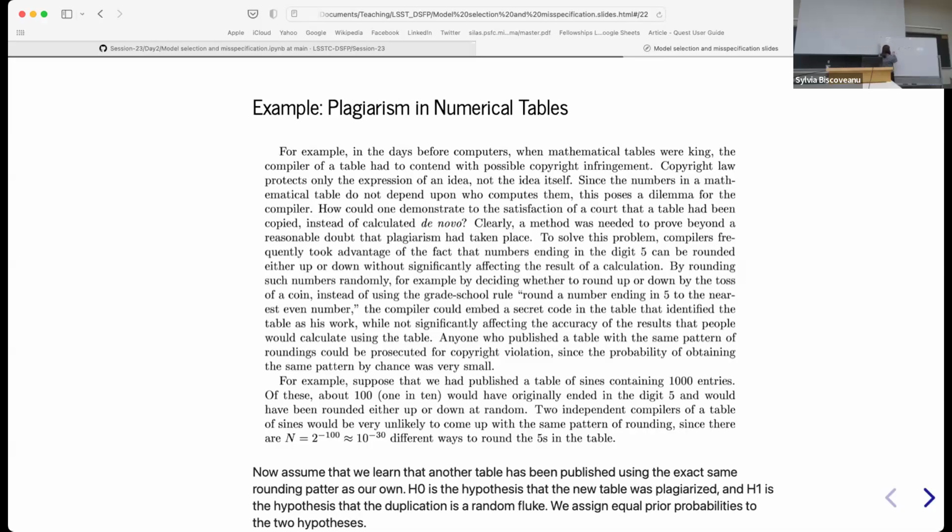The first hypothesis is that the table is plagiarized. Another table has come along and identically reproduced the rounding pattern of our table. The null hypothesis is that this table is plagiarized. The other hypothesis is that this is a random fluke.